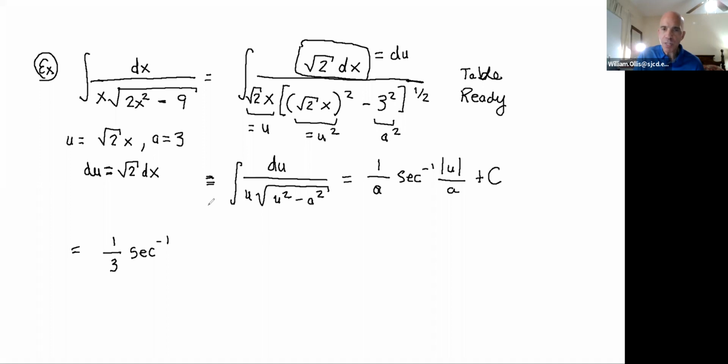So this is one of these problems where you do have to pay attention to the table ready form. So now we'll have the absolute value, square root 2 times x. Of course, you can leave the square root of 2 outside the absolute value if you want. We'll rewrite that. And then a is 3 plus a constant.